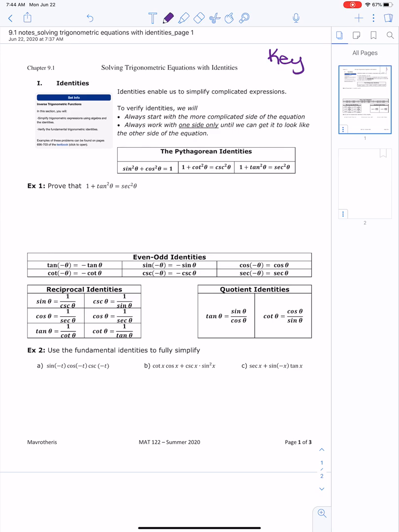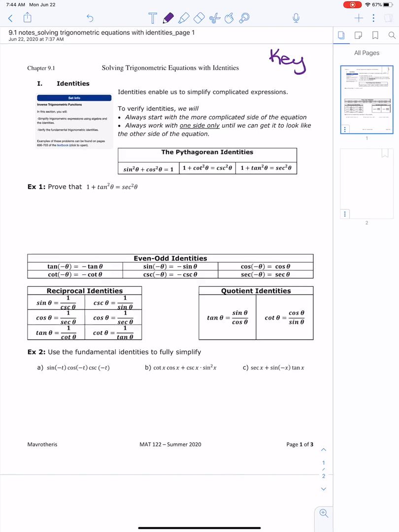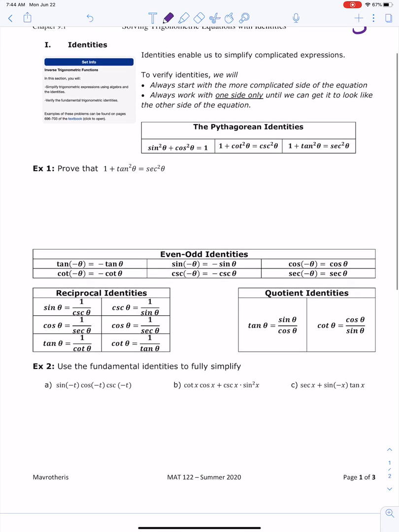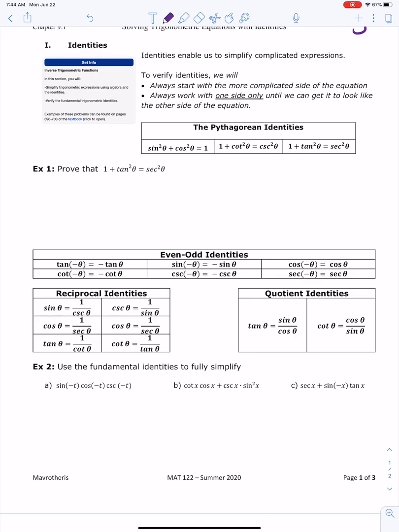Okay? So exercise 1 asks us to prove that 1 plus tangent squared theta equals secant squared theta. So we're going to actually verify this Pythagorean identity. I'm going to start always with the more complicated side and see if I can simplify it down to the side that looks a little less complex. So I'm going to start with the left-hand side here, okay?